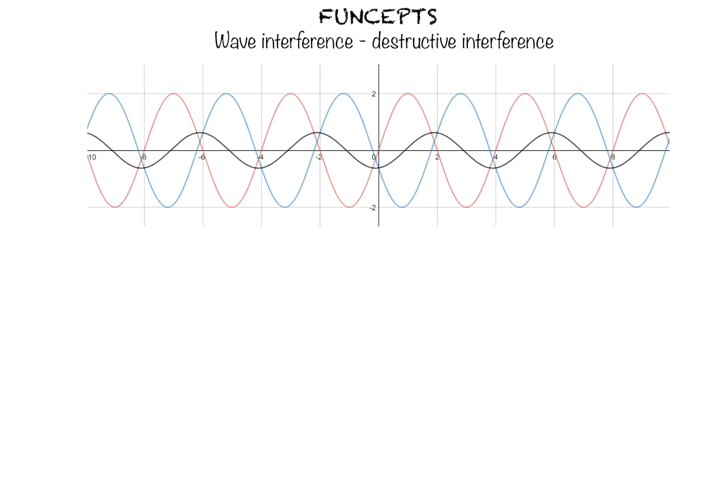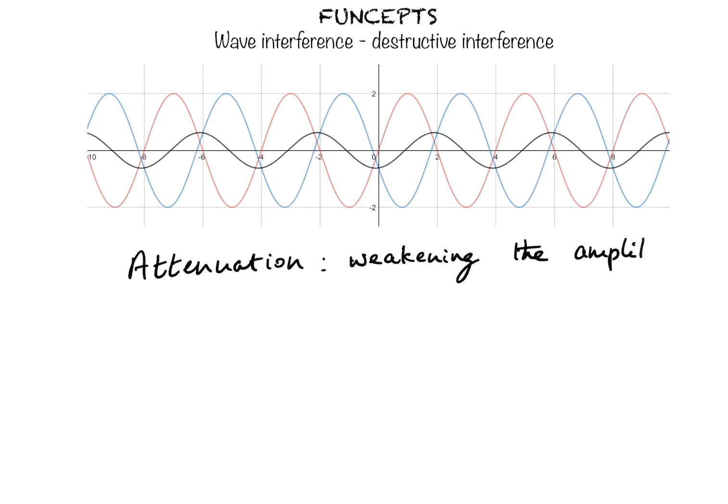That means the phase difference between the red and blue waveforms is such that it is causing attenuation of the resultant signal. So we have attenuation in this case, which is weakening the amplitude of the sum signal.